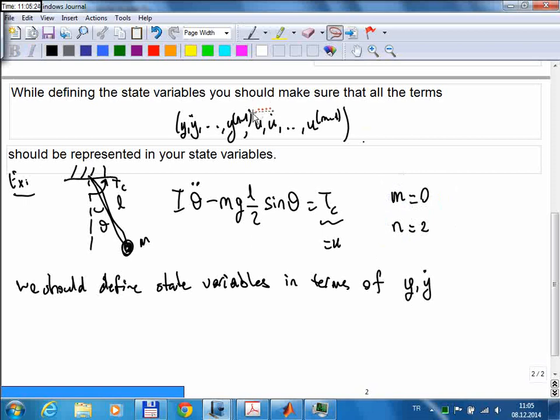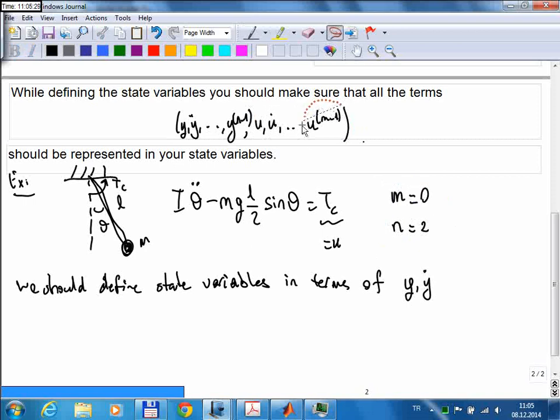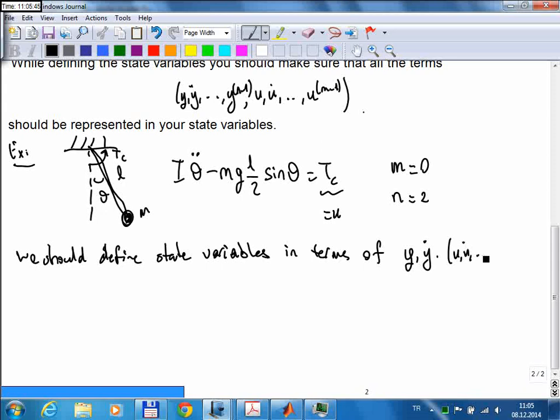So we should include the input terms up to the m minus first derivative, but since m is equal to 0, minus first derivative doesn't make any sense. So we don't need to include u. In fact, we should not include u in our state variables, since m is equal to 0.